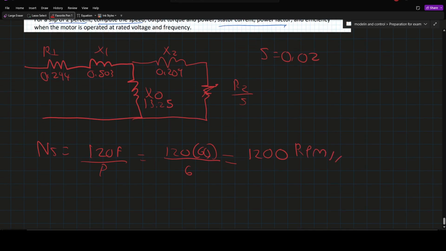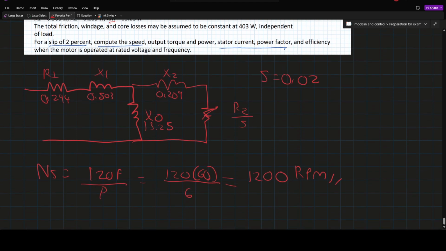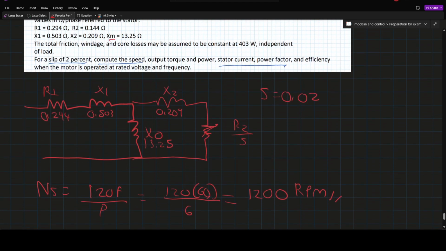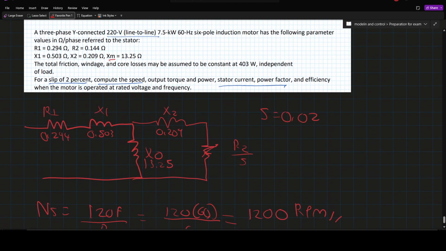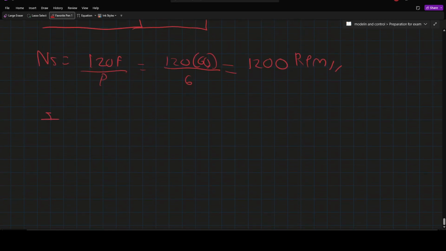Now, they're asking us to find torque and power. But to find this, we first need to find the stator current. We need the stator current to find our rotor current so we can find our power and torque. So let's start with the stator current, Is.